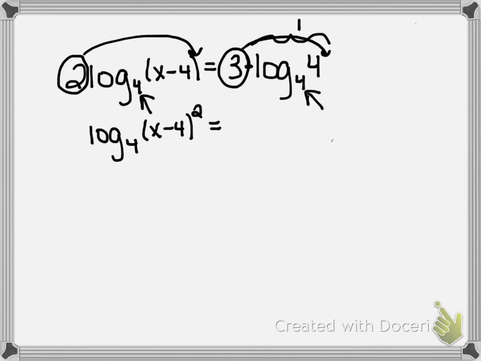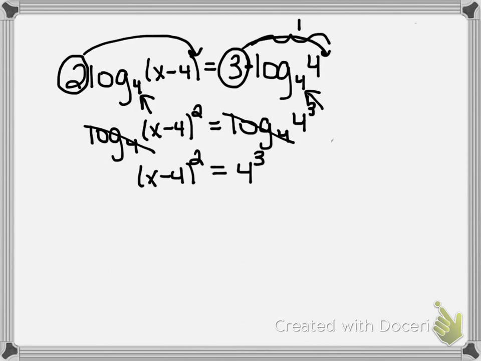If you tried to multiply it out, you would need to make sure you FOILed. And on the right side, we would have log base 4 of 4 cubed. And then we could drop our logs and bases. So we would have (x minus 4) squared on the left side, and 4 cubed on the right side.